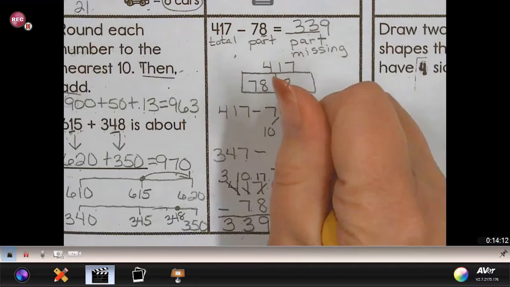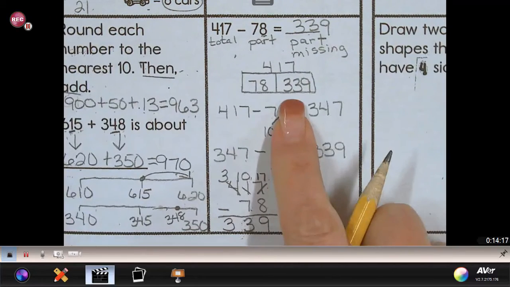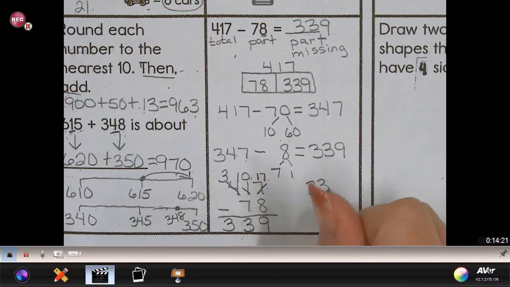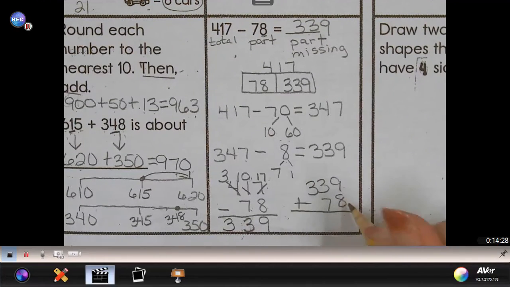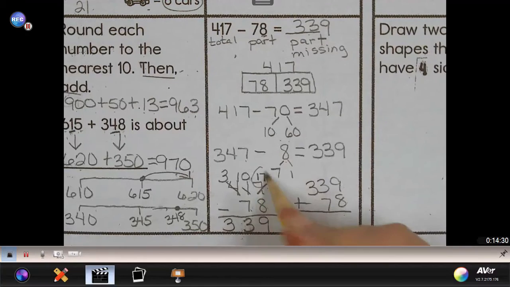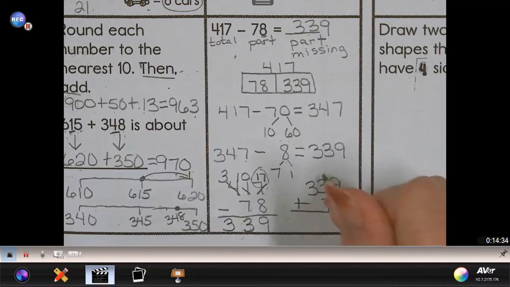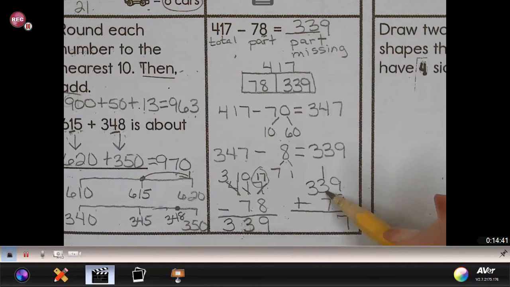So again, if I go back to my tape diagram, I can fill in my missing part. Now, I can always check my subtraction by using addition. So 9 and 8 makes 17, which is where I was here and here. I regroup the 10 to the tens place. 70 plus 30 is 100, and one more 10 is 110.